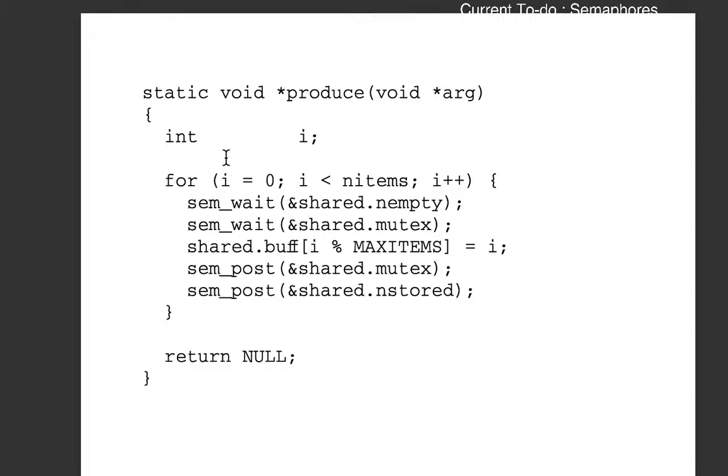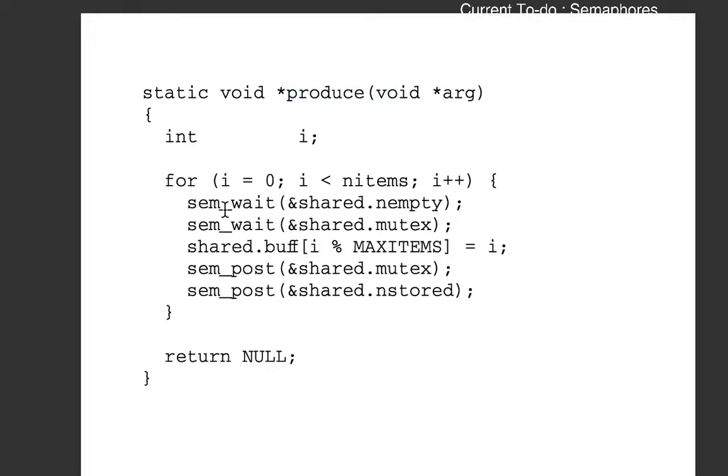So the producer function is: for int i = 0; i less than n items. You're waiting for empty. You're waiting if this empty is greater than 0, which means there is an empty space. You're waiting until that condition. Only then you can produce.